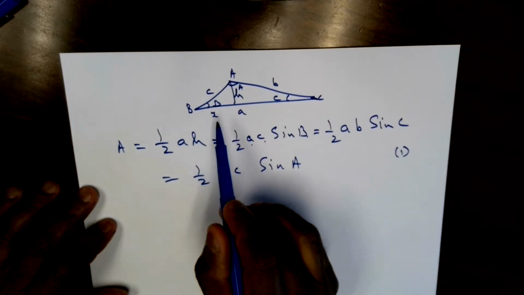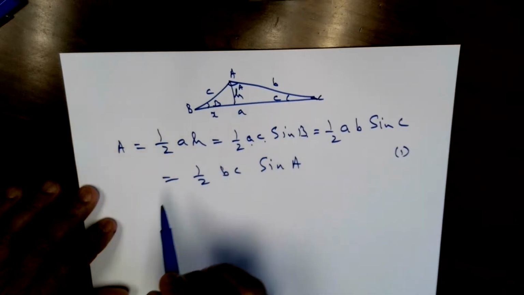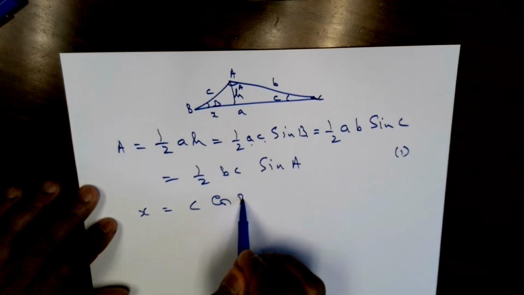But we can eliminate them using simply a, b, c, as I'm going to show now. So X is also c cos B. I'll come to that in a second.